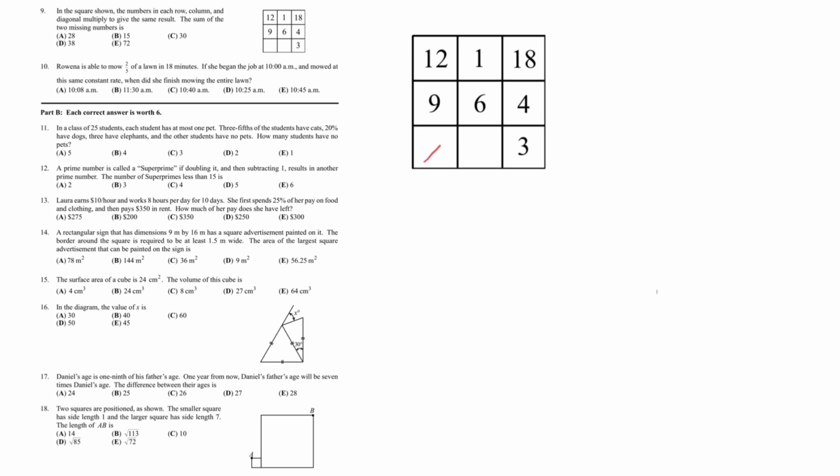Now we do the diagonal one. 12 times 6 times 3, 6 in the middle, equals 18 times the number, which must be 2. So 2 times 18 is 36, and also 3 times 12, that's 36.